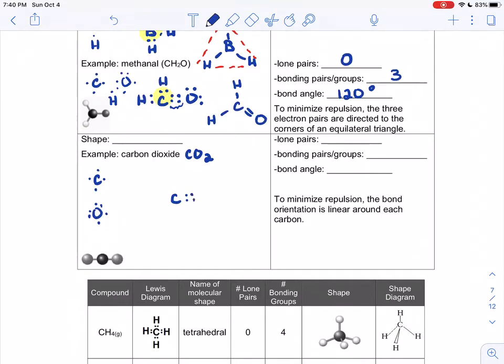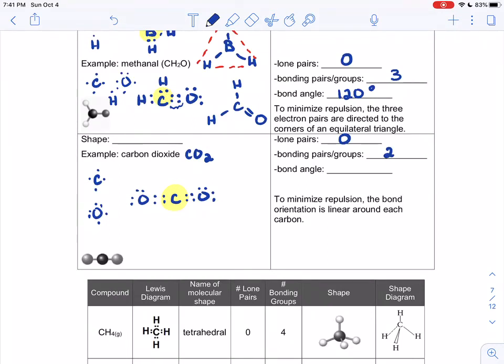I'm going to go right into the electron dot diagram. When I did this before, I determined that I needed 2 double bonds. Again, I look only at my central atom. I'm not going to look at the oxygens at all. I'm just going to look at my carbon. I can see that that carbon has 0 lone pairs. Again, I don't care about the lone pairs on the oxygen. And it's got 2 bonding groups.